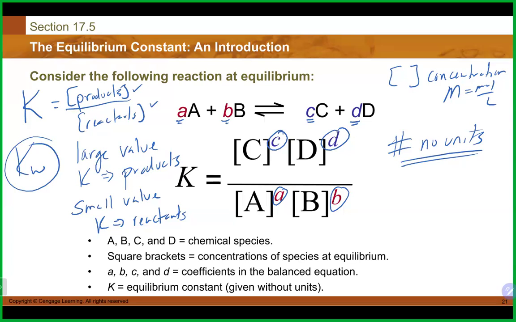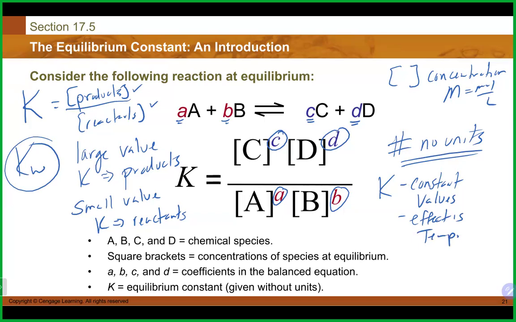There are variations of that. You could have really, really large values of K, like times 10 to the 54. You could have really, really small values of K, like times 10 to the minus 36, and K values anywhere in between. K values are constant values, and the only thing that affects them is temperature.